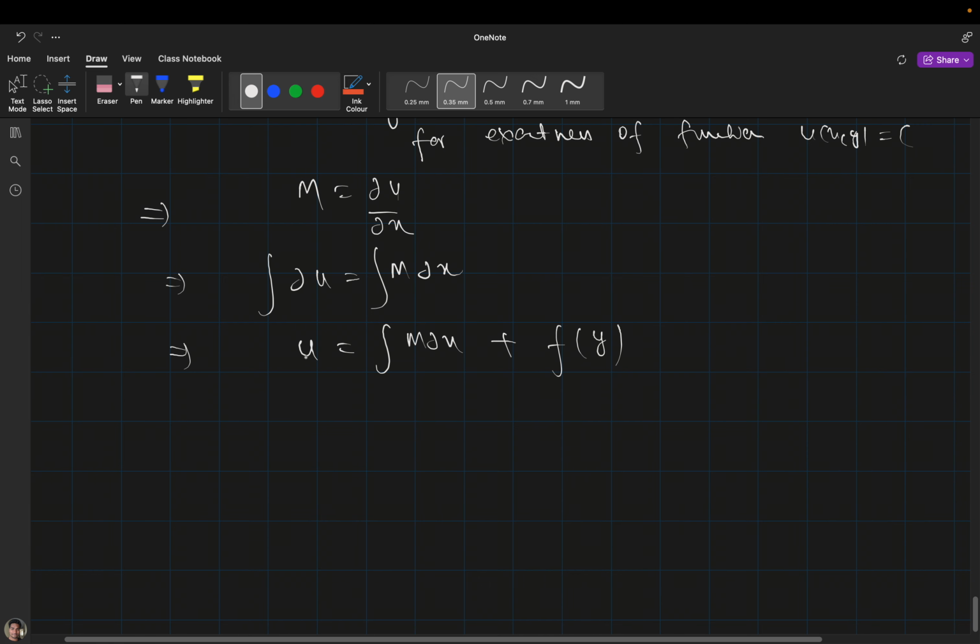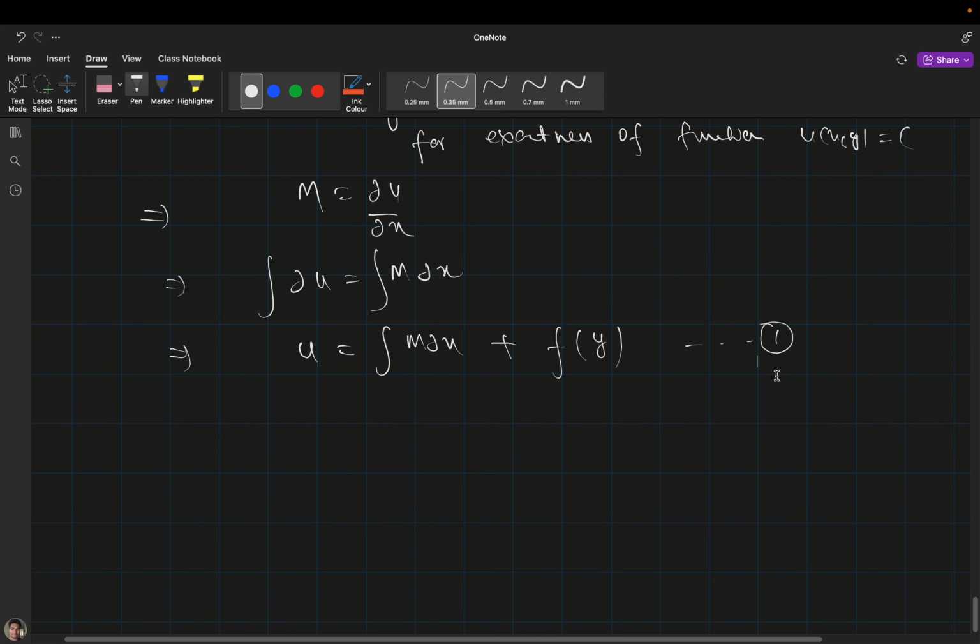You can clearly see that when you differentiate with respect to x, this will be gone. So that's why it can be a function of y or just a constant, but it cannot be a function of x. This is equation number 1.